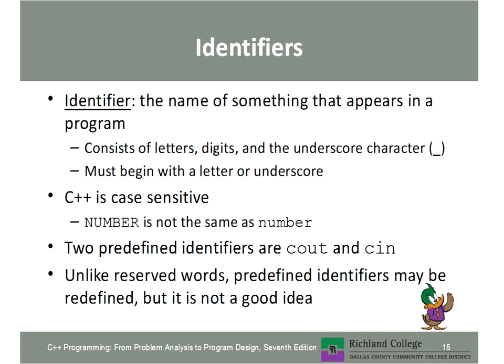So what are the identifiers? Identifiers, the name of something that appears in a program, consist of letters, digits, and the underscore character. It must begin with a letter or underscore. So either letter or underscore, but by convention, we don't really use the underscore to start our variables.